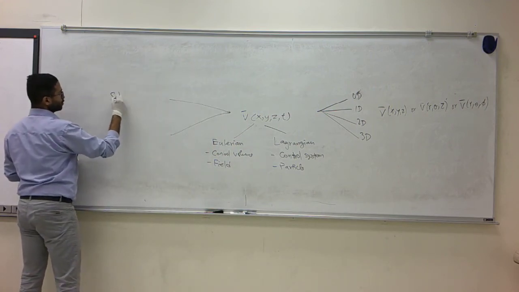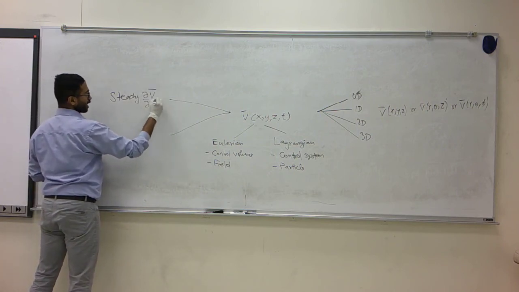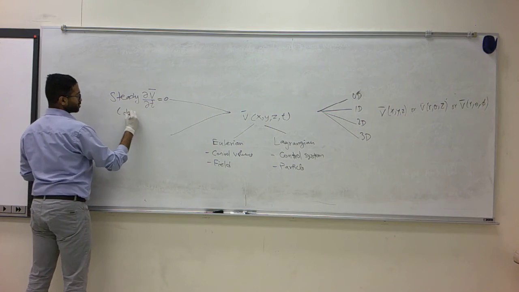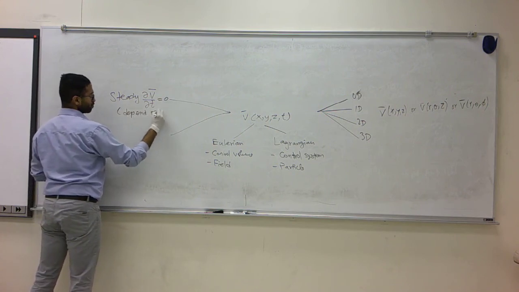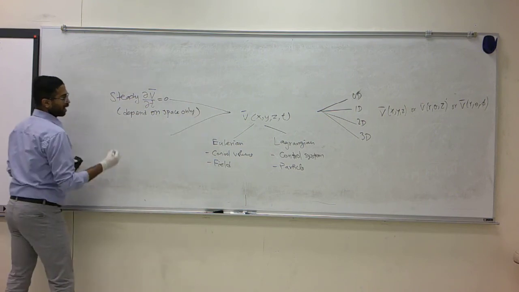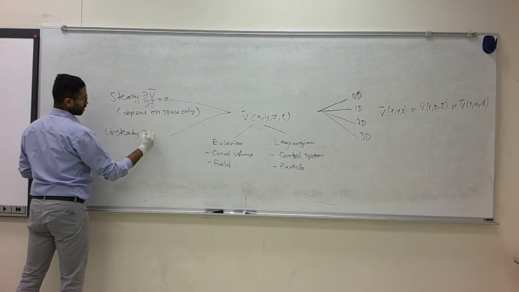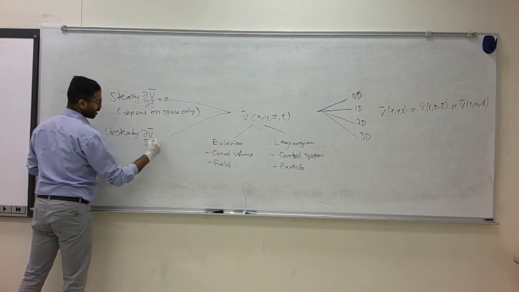So steady flows are those in which the velocity is independent of time. It can still depend on space. And then you can have unsteady flows in which the velocity obviously depends on time.